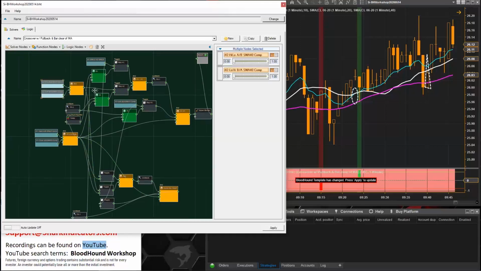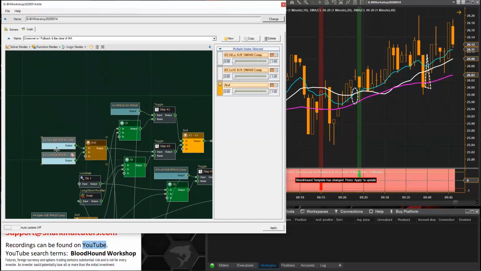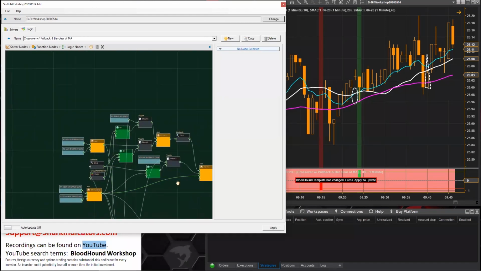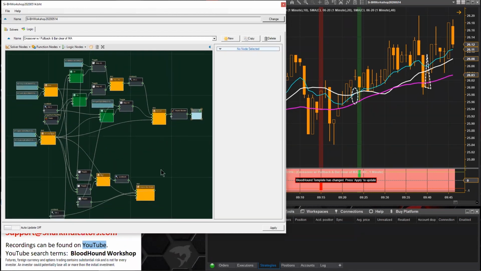All right, so this right here is the proper way to create or define a touch logic. Let me turn the auto update back on.